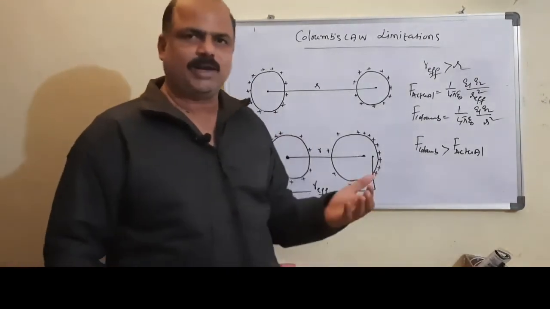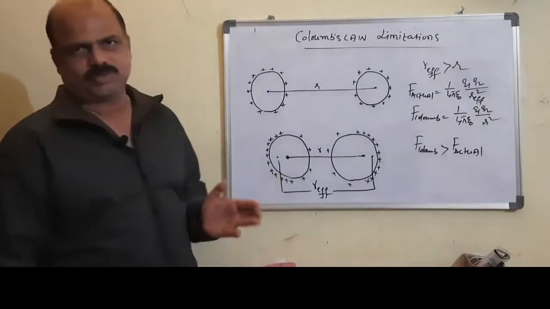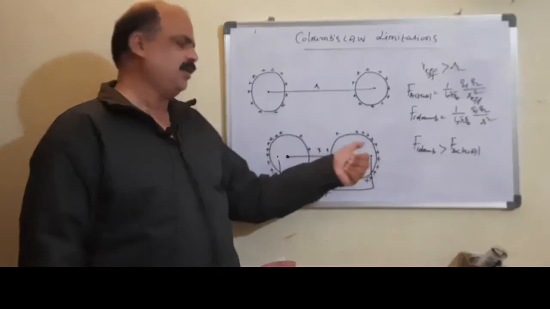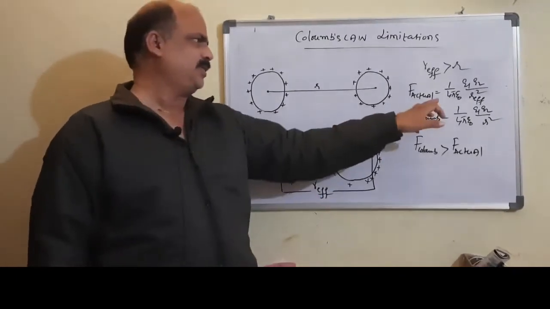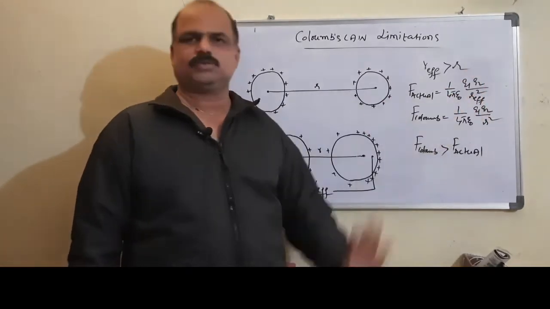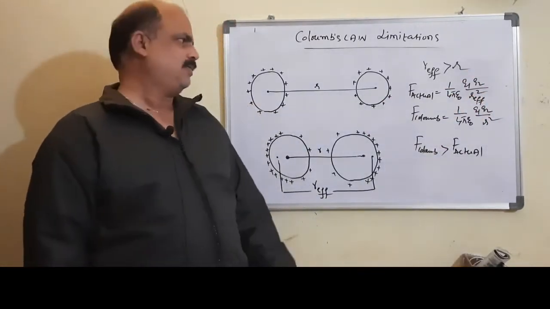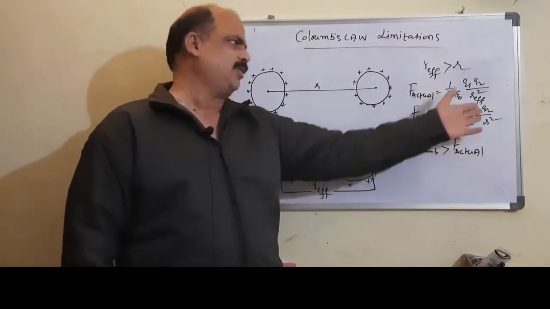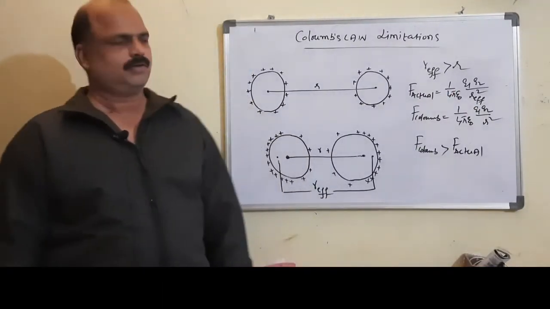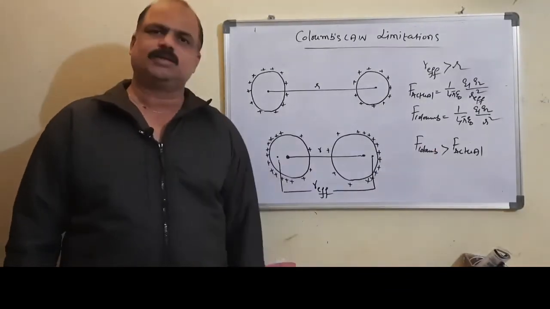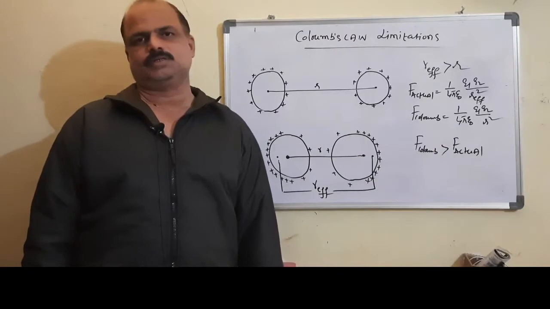Now, when we apply Coulomb's law in this situation, the actual force between these two conducting spheres is equal to 1 by 4 pi epsilon naught q1 q2 by r effective square. But in the case of non-conducting spheres, the Coulomb force is equal to 1 by 4 pi epsilon naught q1 q2 by r square. That means the Coulomb force is greater than the actual force.